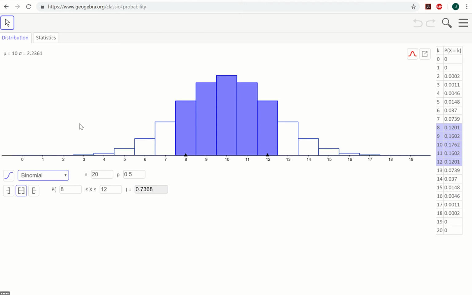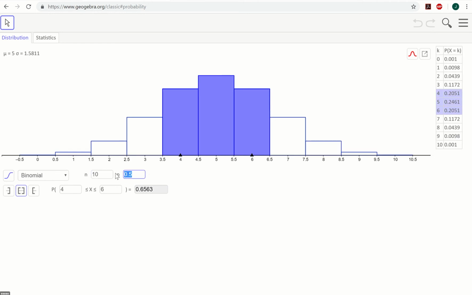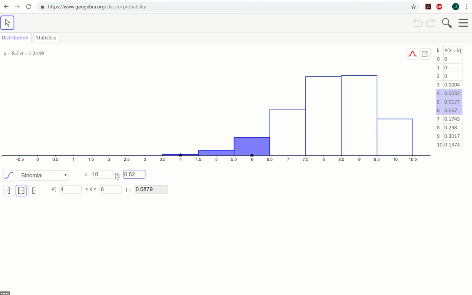When we're in the binomial model, we need to input 2 values. It wants to know what is n and what is p. It automatically starts with n as 20, p as 0.5, but we can edit those. So we want to change n to 10, and our probability of success to 0.82. Just be sure to hit enter after you type everything in to make sure everything adjusts.